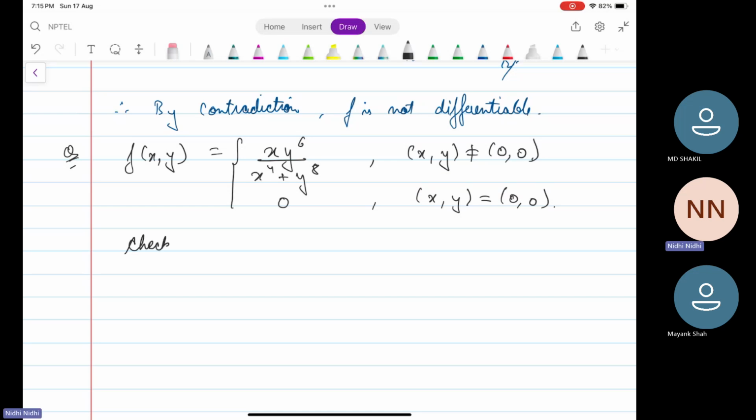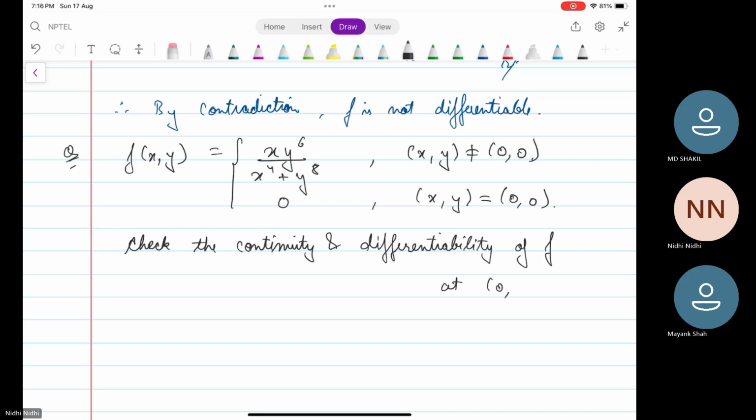Check the continuity and differentiability of f at (0, 0). Try it.